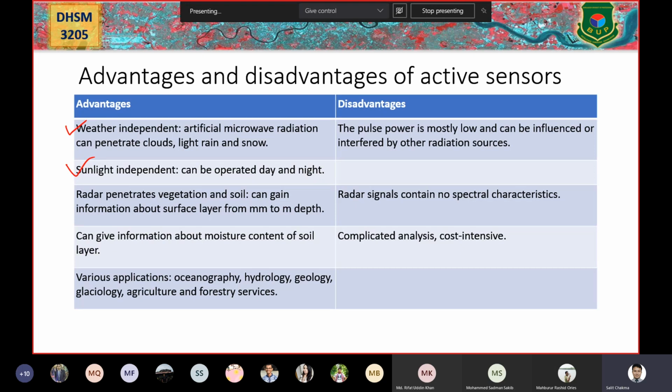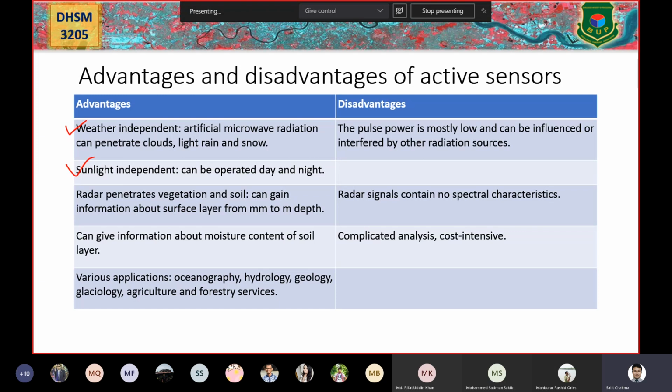Furthermore, it can give information about the moisture content of the soil layer. Sometimes this information is more precise than the information that we get from optical sensors, and it has various applications. It's being used in oceanography. The oceans are being mapped using SAR.